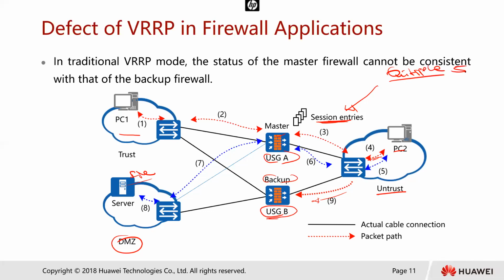There are 5: the source IP address, destination IP address, source port, destination port, and the protocol used.